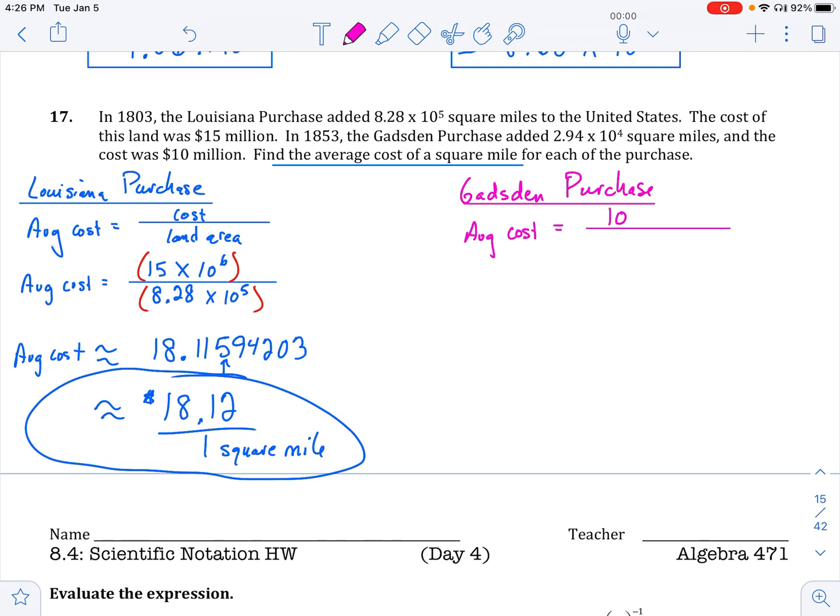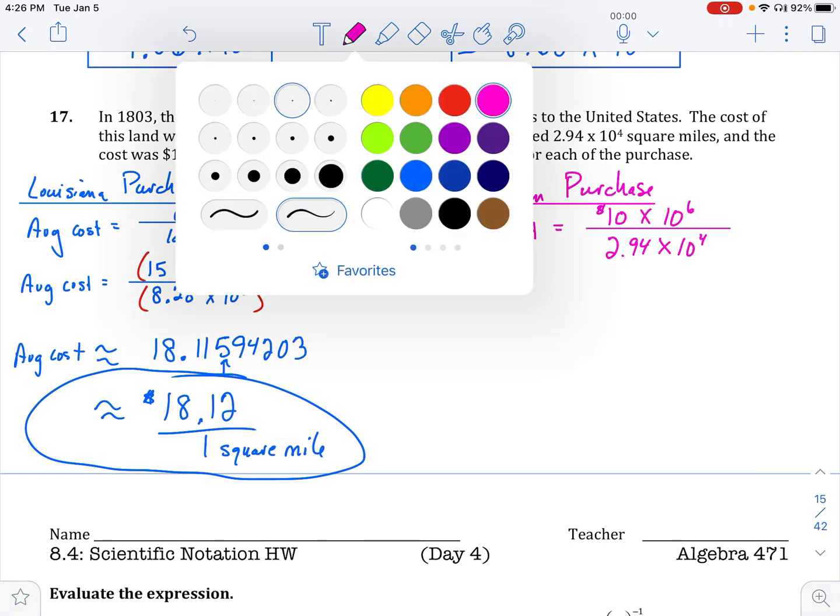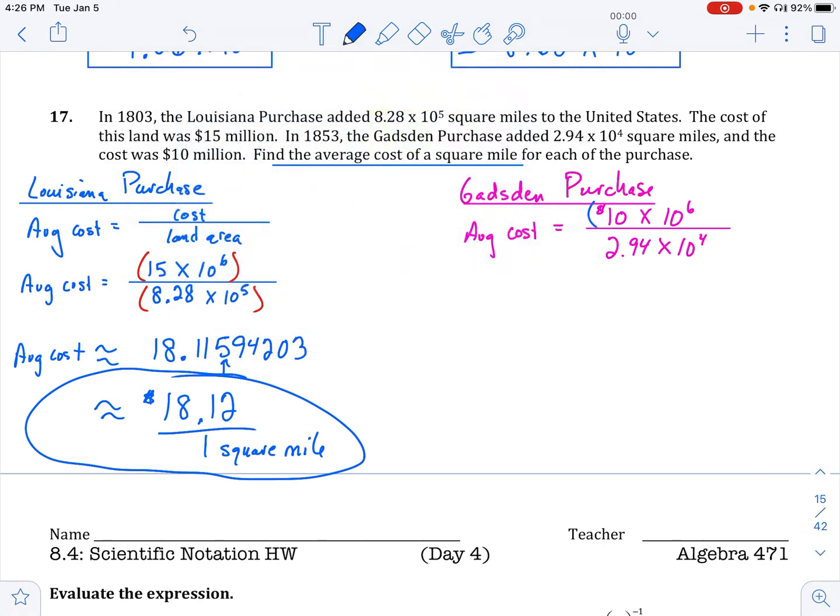So again, this is $10 million. 10 million is 10 times 10 to the 6 divided by 2.94 times 10 to the 4th. When we utilize the calculator, we do need to make sure that we're using parentheses here. If you give me a moment, I will type this in my calculator. And we'll see what we get.